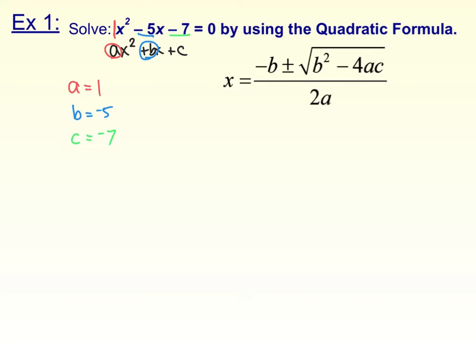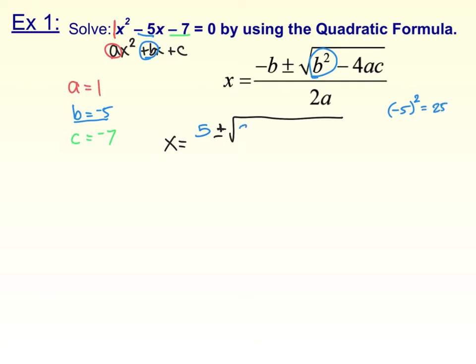All right, so what we're going to do is it'll be x equals, it's an x equals equation. The opposite of b will be 5 plus or minus the square root. Now let's analyze what is going to go into this position right here. That is b squared. If I square this value, that would be a negative 5 in parentheses squared, which will be a 25.